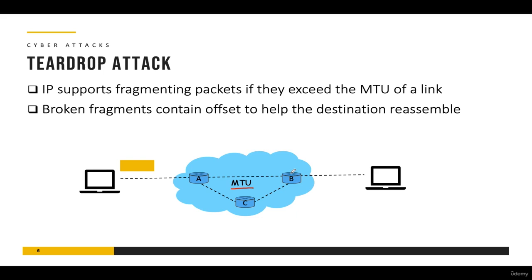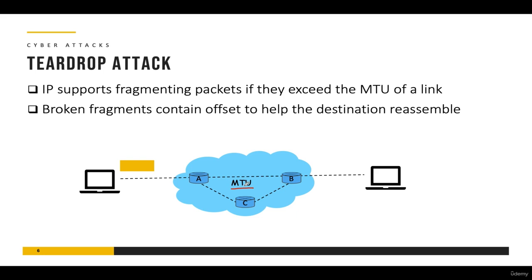Sometimes when you send a packet from source to destination, your packet may arrive at a link which has an MTU which does not accept your packet size. Please also remember that different links in a communication network can have different MTUs, and these are sometimes imposed by the technology used for the link and so on.